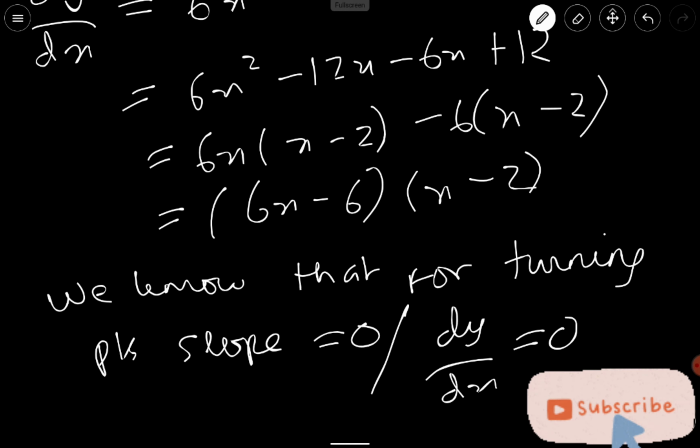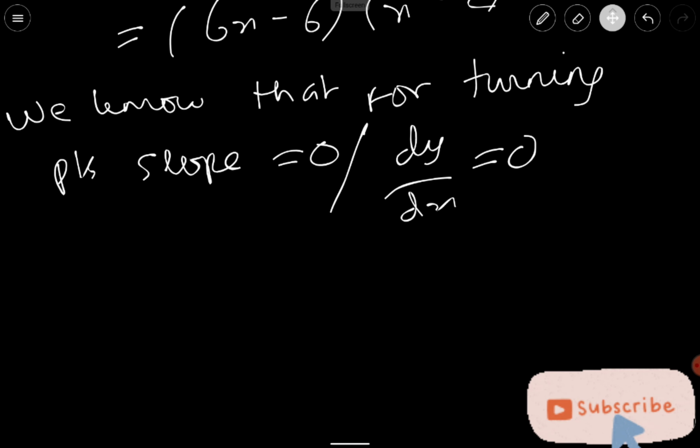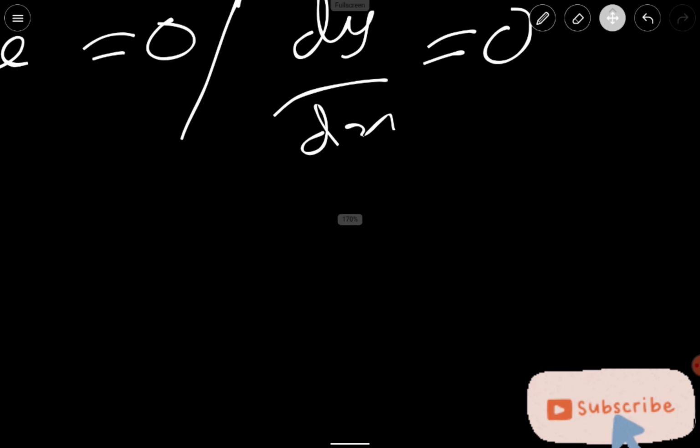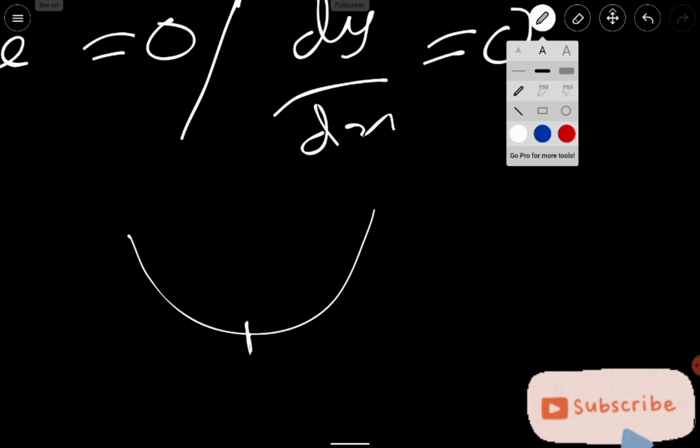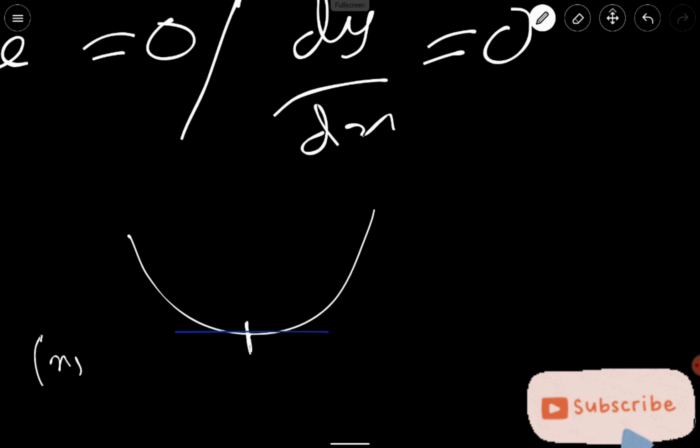And if you do not know how this comes, suppose we have a curve here and this point is the turning point. If we draw a straight line at this point, the x value will be different, the y value will be the same. So say we have (x1, y) and here we have (x2, y).